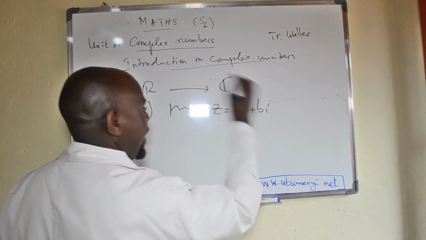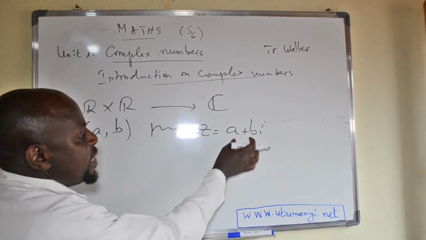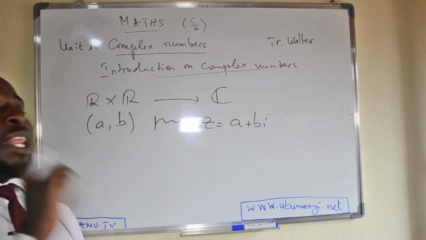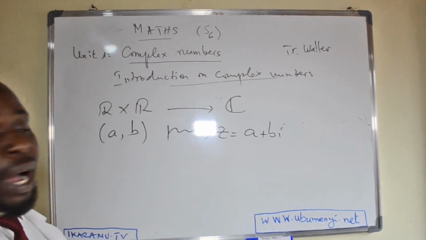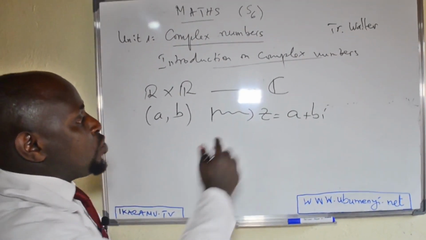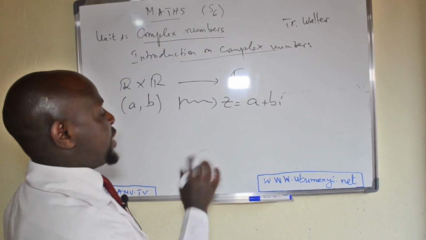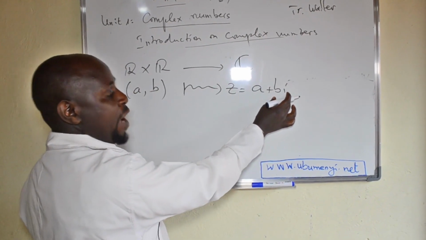I'm sure many people will ask me, why are there now two things? That's why the set is called the set of complex numbers, because the numbers are made by more than one real number. So we shall see now that we have two parts. There is the first part without i, and there is another part with i.